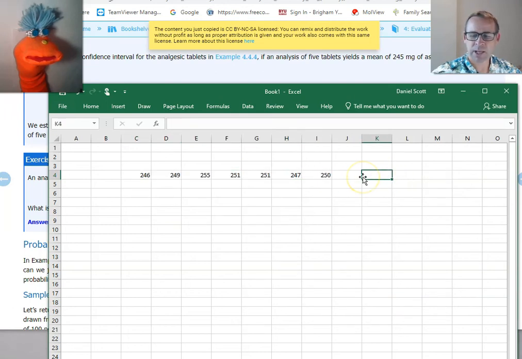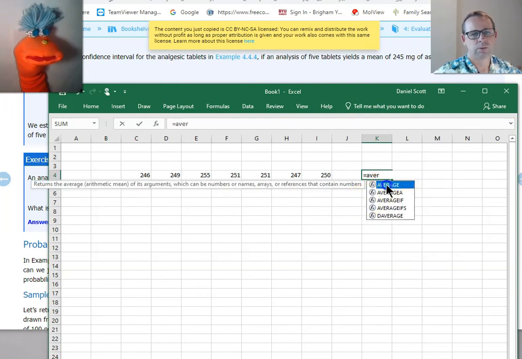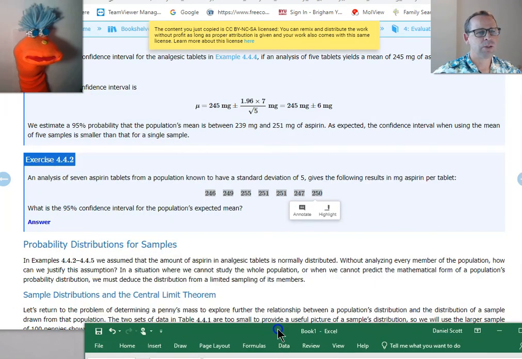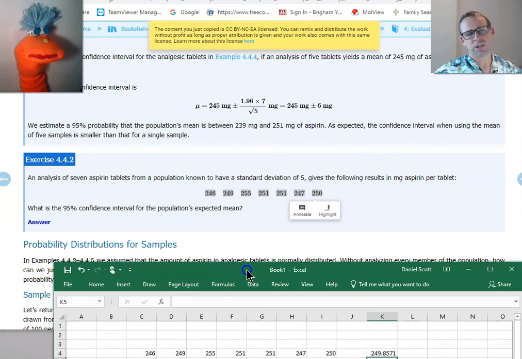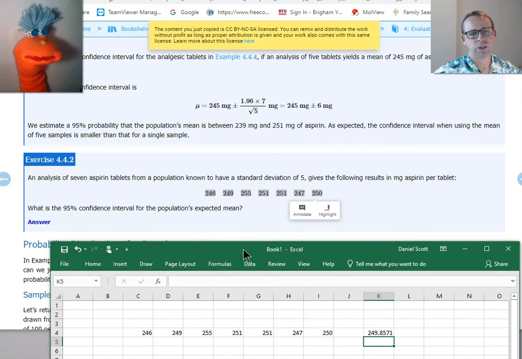So now I'm going to take the average, equal sign average. Let's see, do I need to do anything else? It's from the population, and the population is already known to have a standard deviation of 5, right? So what else do I need to do?